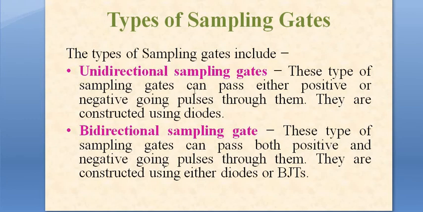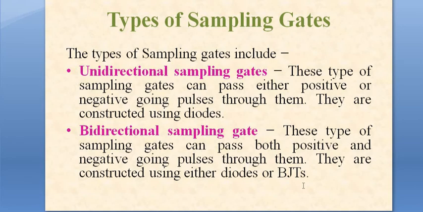The unidirectional type of sampling gate can pass either positive or negative going pulses through it, and it is constructed using diodes. But the bidirectional sampling gates can pass both positive as well as negative going pulses through them, and they are constructed either by diodes or bipolar junction transistors, BJTs. So this is the definition of bidirectional as well as unidirectional sampling gates.